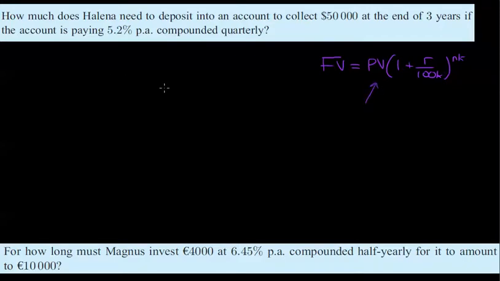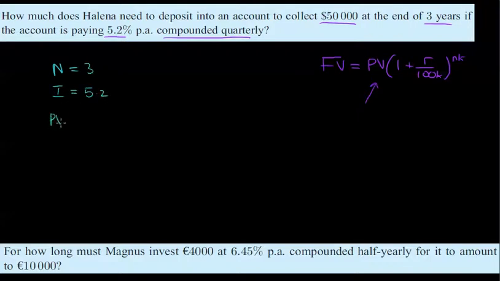Right, so here's the first question. It says, how much does Elena need to deposit into an account to collect $50,000 at the end of 3 years with an interest rate of 5.2% compounded quarterly? Okay, so if we go through our parameters: n is the number of years, that's 3 years. I is the interest rate, which is 5.2.